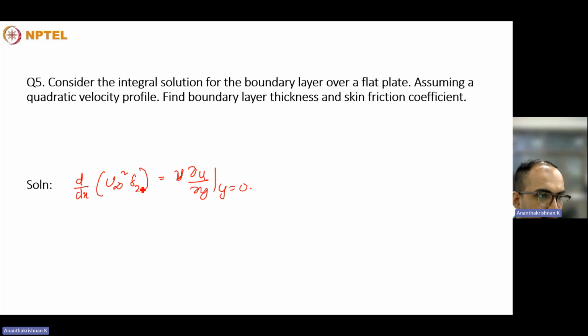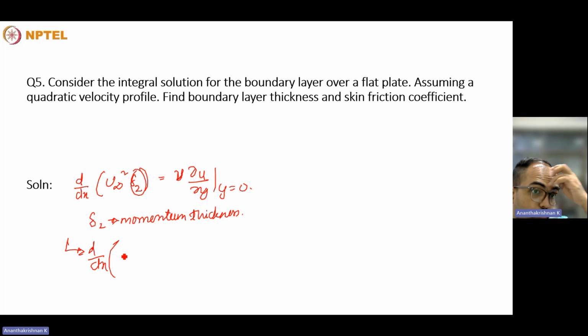this is the momentum thickness. So delta 2 is the momentum thickness. So if you know the value of u, we can substitute it in this equation and get the value of boundary layer thickness and skin friction coefficient.